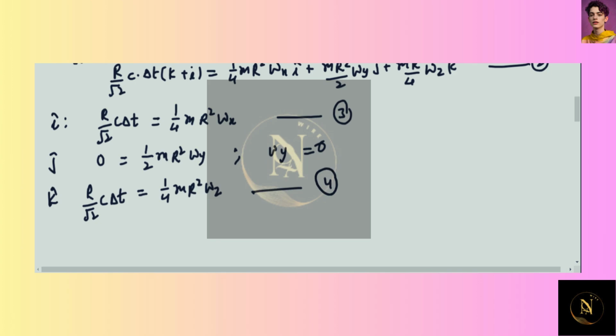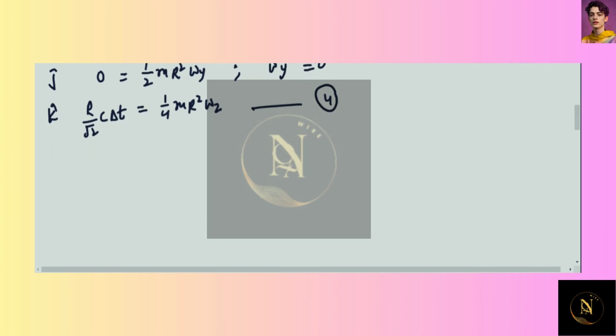From equation 1 and 2, C delta t can be written as m v naught minus r upon root 2 omega x plus omega z.